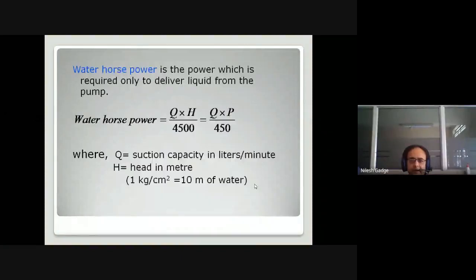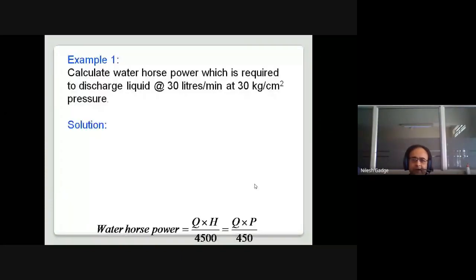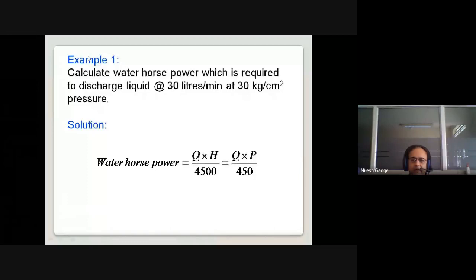Okay, write down this example. Calculate the water horsepower which is required to discharge liquid at the rate 30 liter per minute at 30 kg per centimeter square pressure. Pressure is given. This time I will not write down the given data.